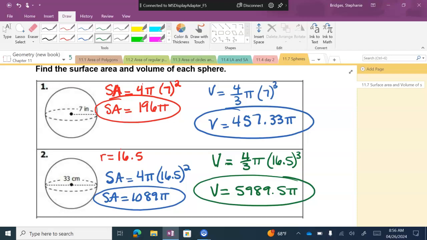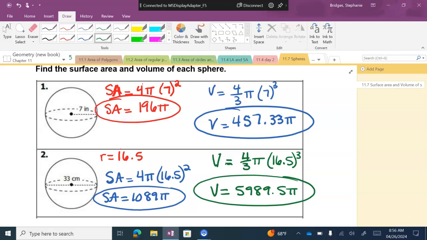No, look at the surface area formula at the top. What is R?